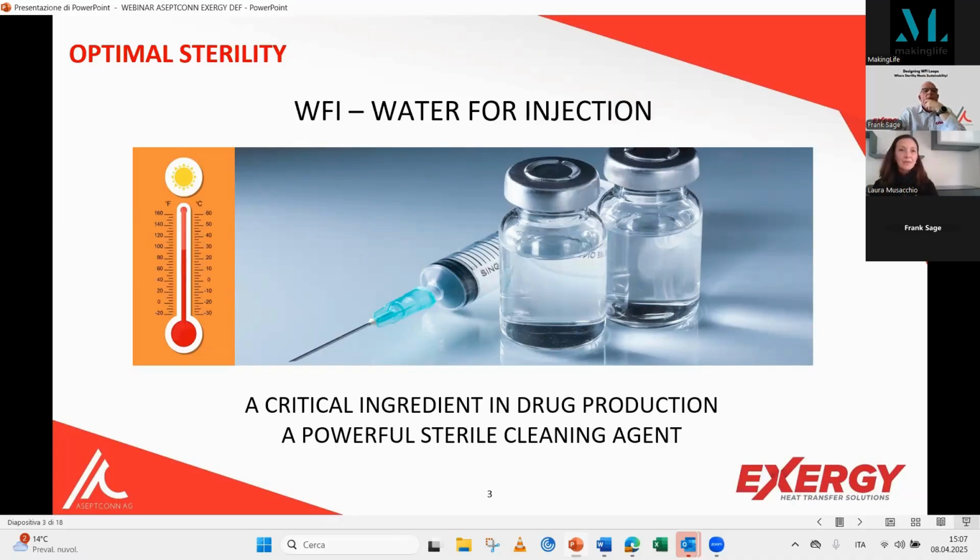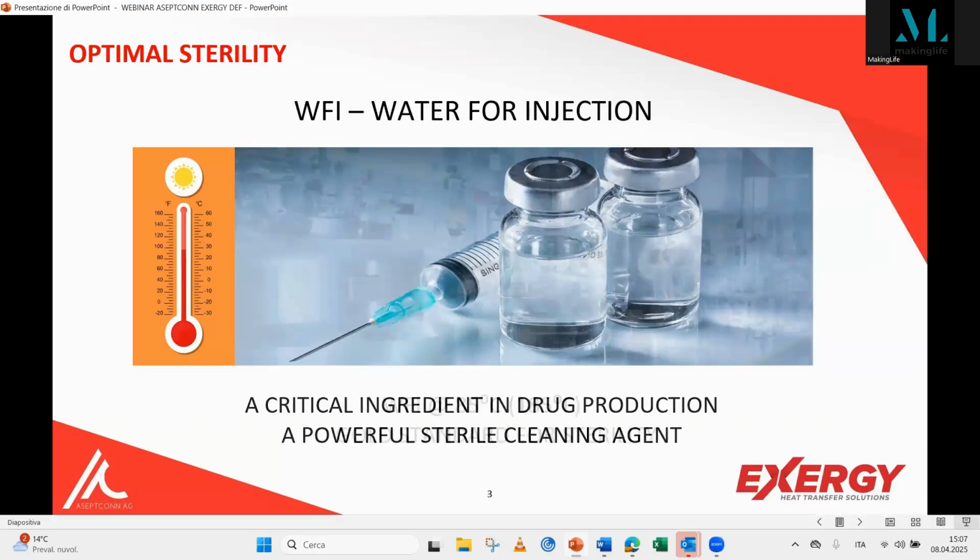So I will start to enter the focus of today's discussion. We will be focused on water for injection, WFI, which is a critical ingredient in drug production and is the lifeblood of the pharmaceutical manufacturing industry. Keeping WFI free of contaminants is really important in a production process, because patient safety is at high risk if this media becomes contaminated during dispensing or distribution.